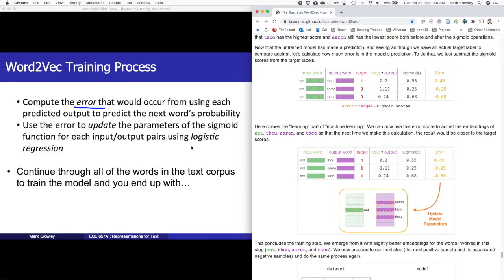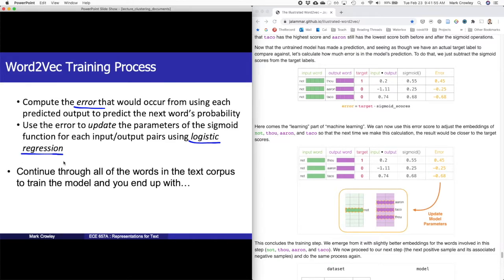And so they just do logistic regression the same way you could do it with your MAP solution that we talked about, or the other methods that people use to iteratively solve that. And basically what happens is that parts of the weights that determine how this word, this index leads to this index, would be increased because it was correct, and these ones would be decreased because it was incorrect, right?